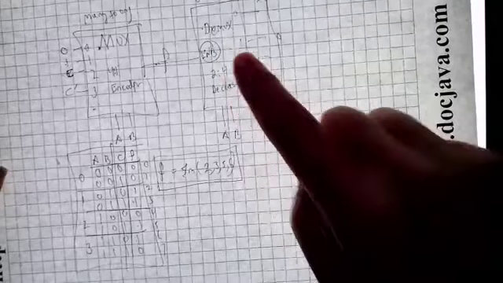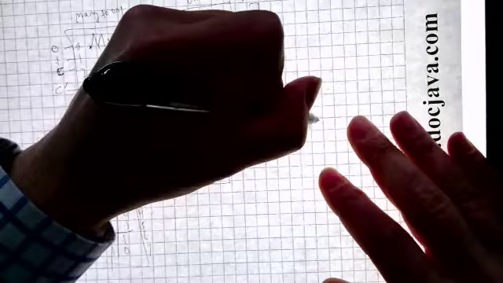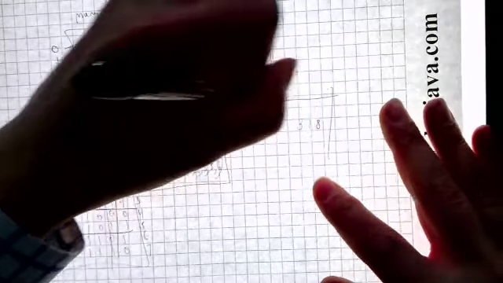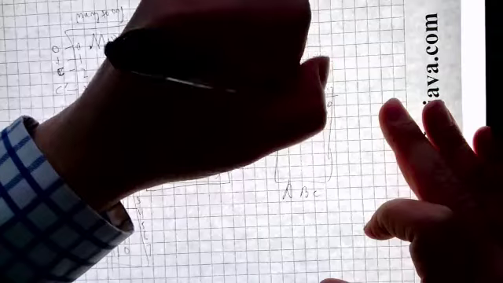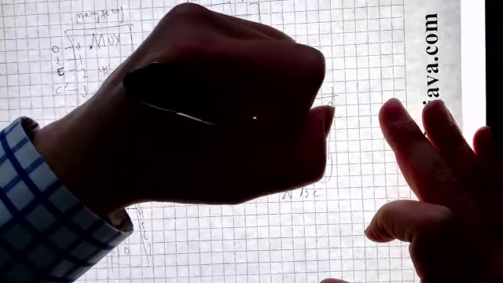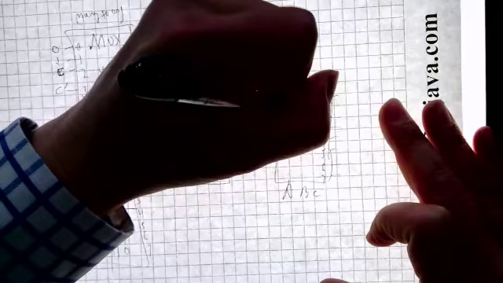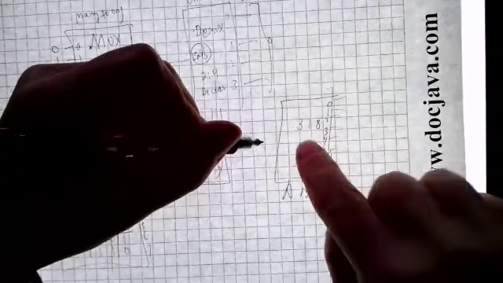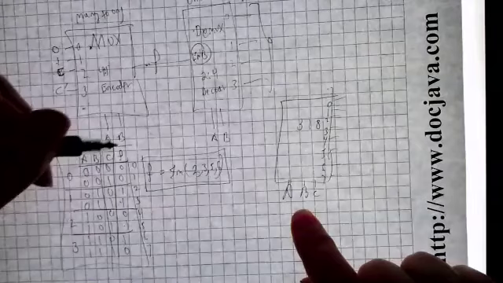It's clear, right? If I had to do a 3 to 8, the 3 part shows how many select lines there are.